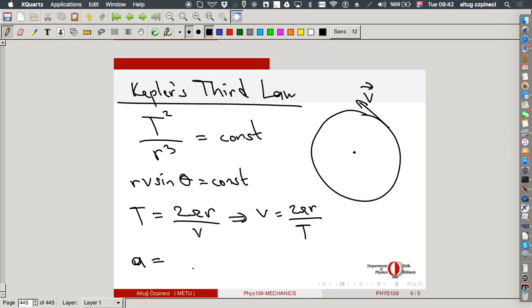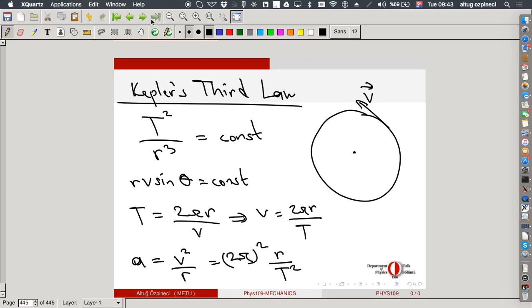Acceleration is v squared over r. So this tells me that it is 4 pi squared r over T squared. Well, we have r squared here, we also have another r, so we just cancel.